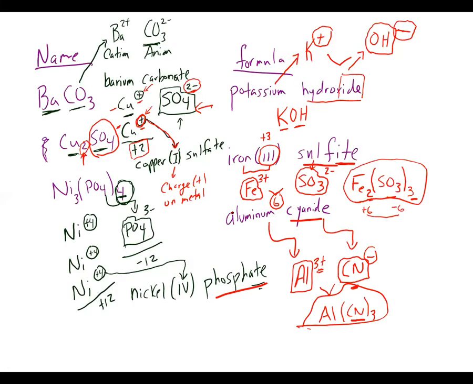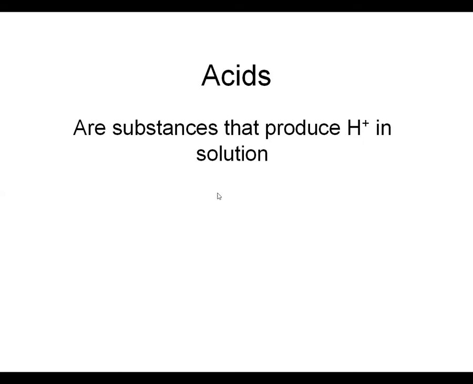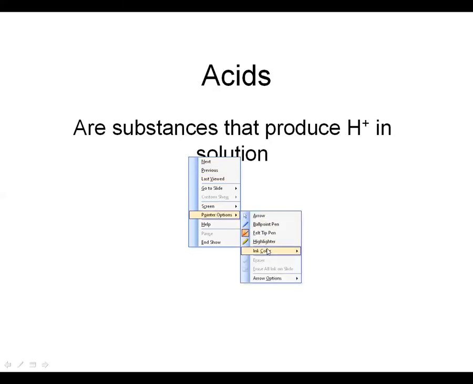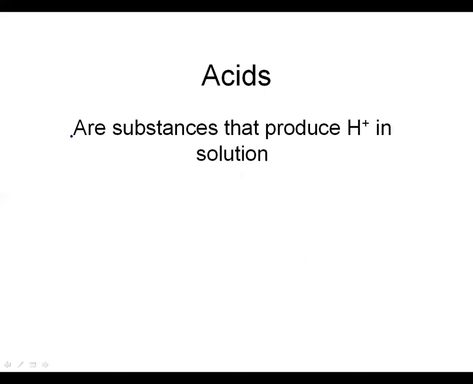Okay. All right, then the next thing we're going to talk about is acids and how to go about naming acids. Acids are basically substances that, when they are in water, are able to produce the H+ ion, which is sometimes referred to as a proton.